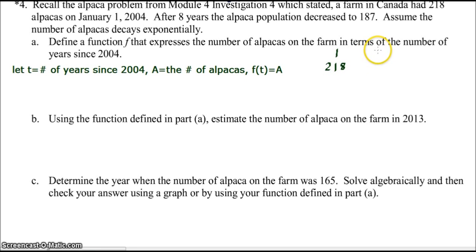And 8 years later, we have 187. If we take 187 divided by 218, we get about 86%, 0.86. That's the decay factor, the 8-year decay factor.